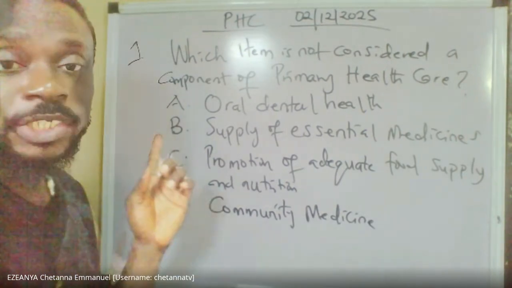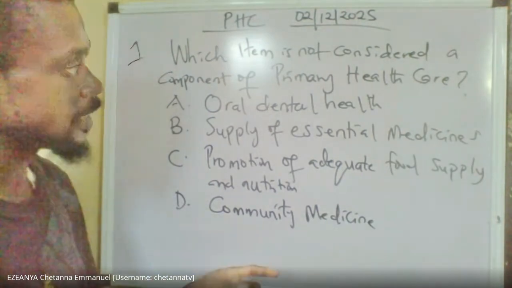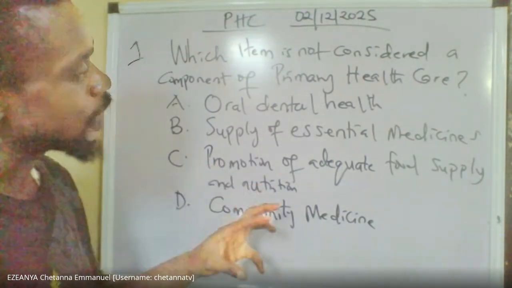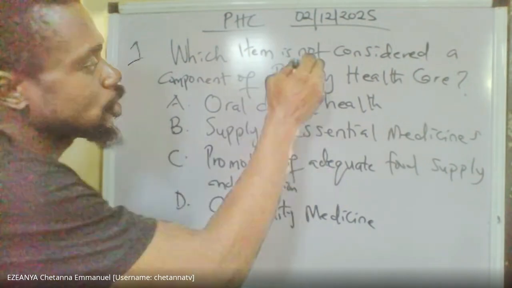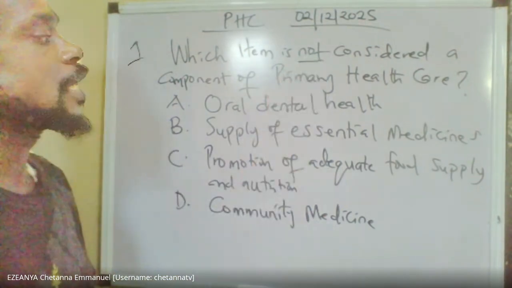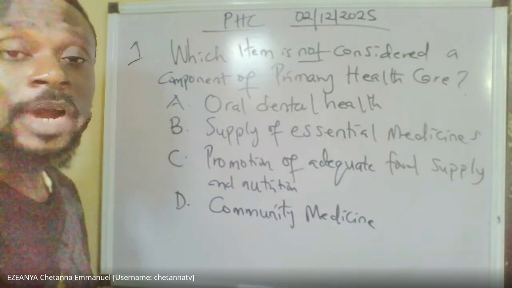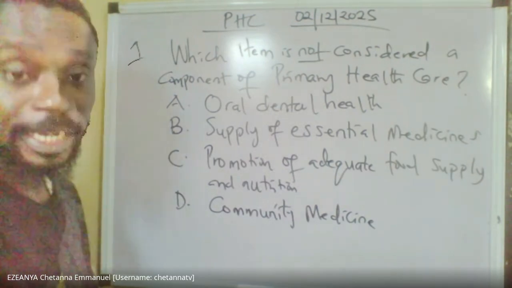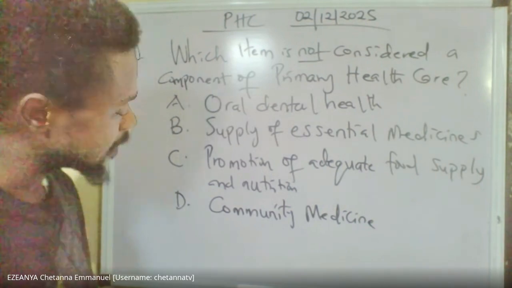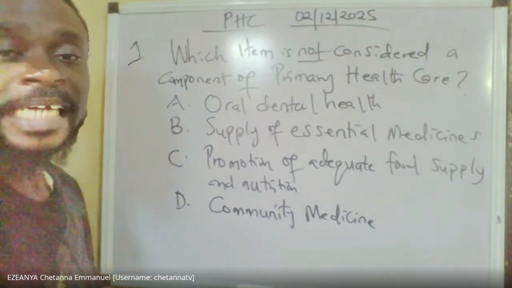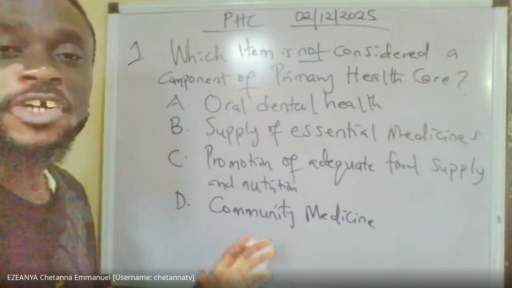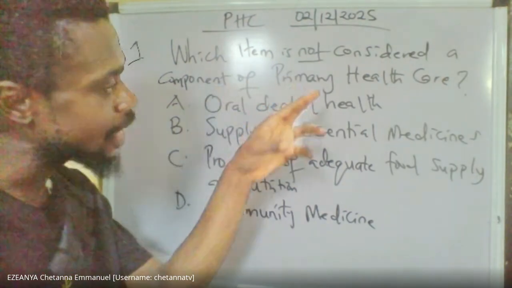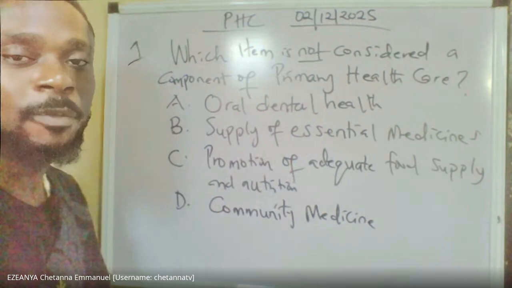The answer to this question is D, community medicine, because I want us to point out the one that is not, please watch, not considered a component of primary health care. Why is D the answer? Because community medicine on its own is not a core part of primary health care.